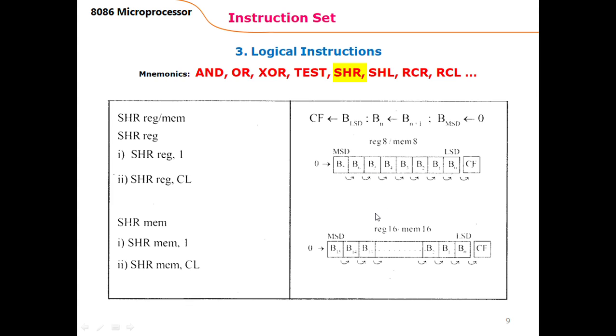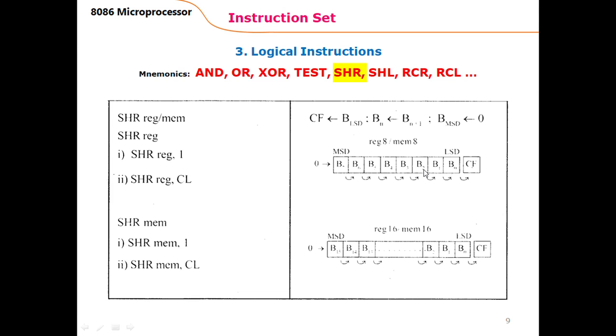So in case of shift right, the most significant digit of this value is replaced with 0, indicated here. With each shift, the most significant digit is replaced with 0. So a 0 is inserted here, and each bit Bn is replaced with the left bit Bn plus 1.